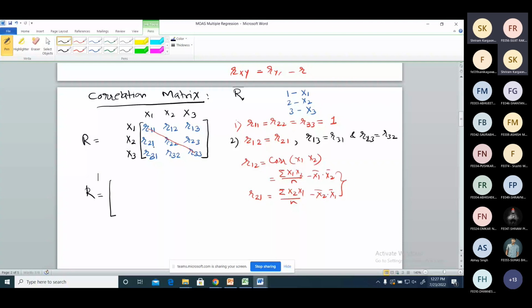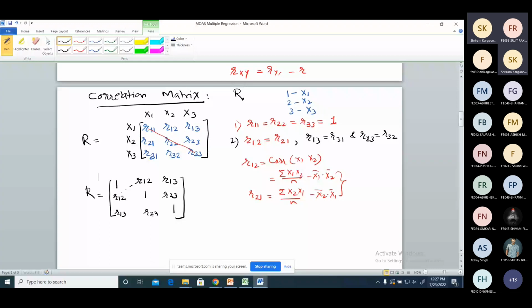The diagonal elements are 1, and you have to mention only R12 here, R13 here, and R23 there. So you have to understand only these three simple correlations, R12, R13, R23. Then write R12 opposite to it, R13 opposite diagonally, and R23 here. Very simple to understand.